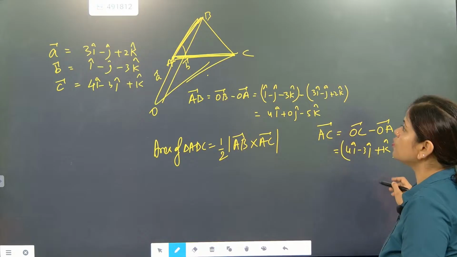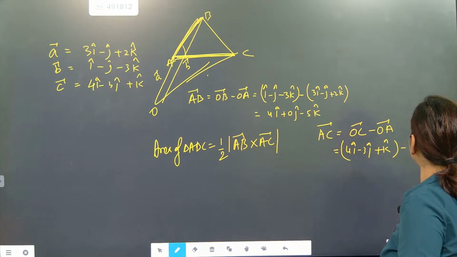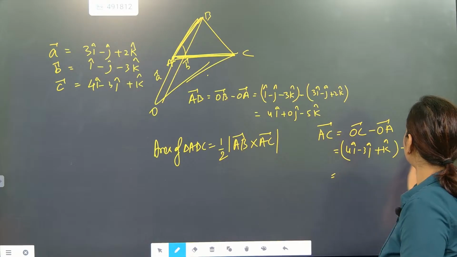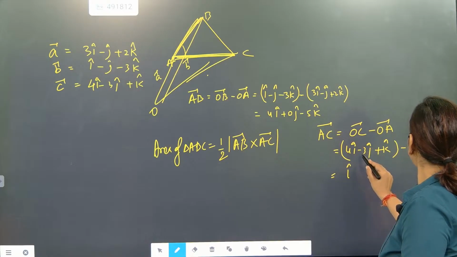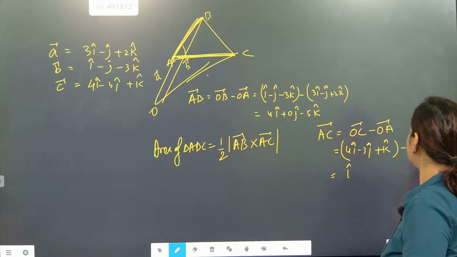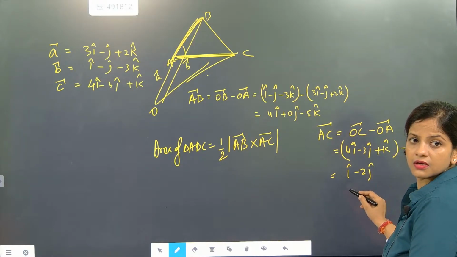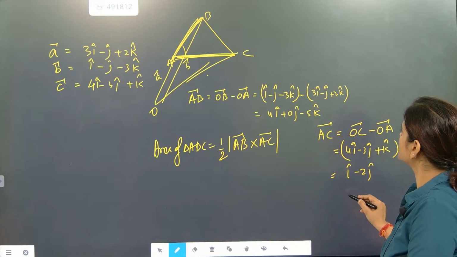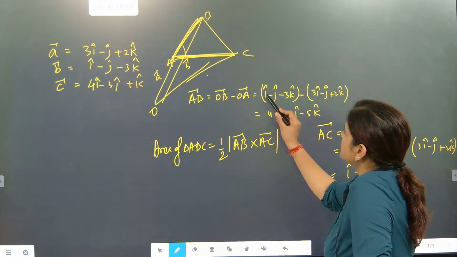And then minus OA, beta, that is 3I minus J plus 2K. So this is coming as 4 minus 3 means I. Next, minus 3 plus 1, so minus 2j.